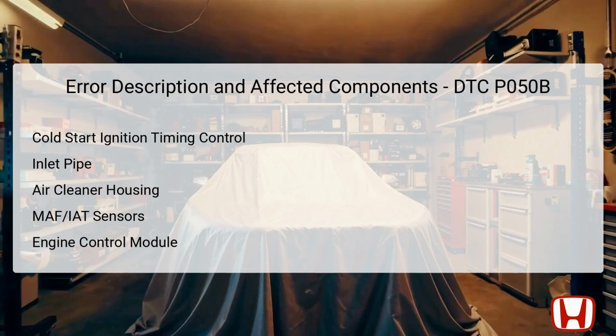These components collaborate to provide the Engine Control Module, ECM, with crucial data to manage the ignition timing effectively. If any of these components fail or obstruct the airflow or measurements, it could lead to issues capturing the correct ignition timing during cold starts, thus triggering the P050B code.